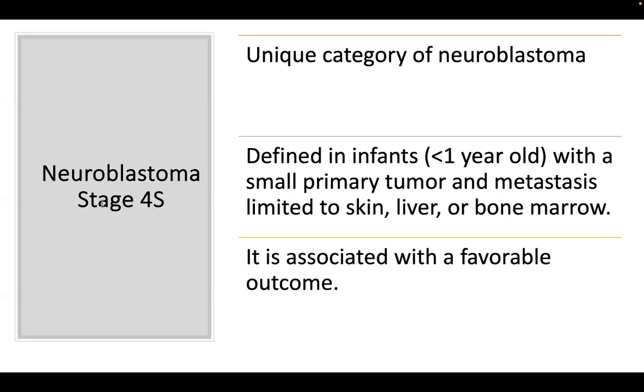Take note, it has a small primary tumor with metastasis, but it is limited. The key word is limited to the skin, the liver, or the bone marrow. So why is 4S so good? It has a favorable outcome, even if it has reached other sites because of metastasis.